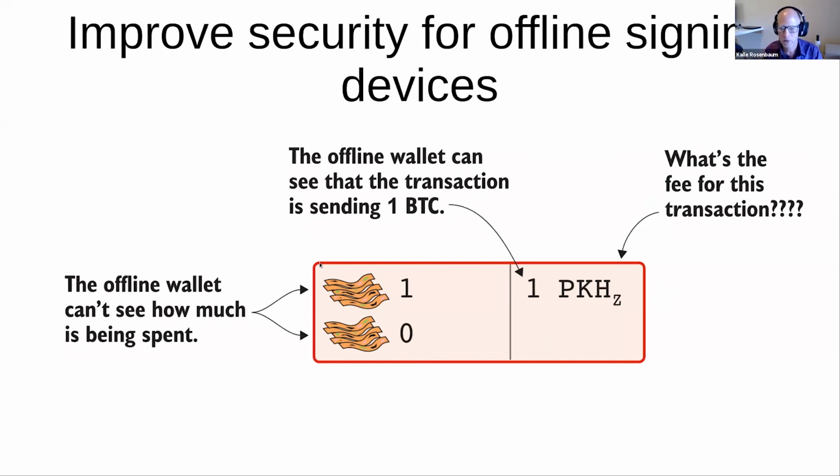It receives a transaction like this, and it can see that the output contains 1 Bitcoin, but it can't see the outputs this transaction is spending.